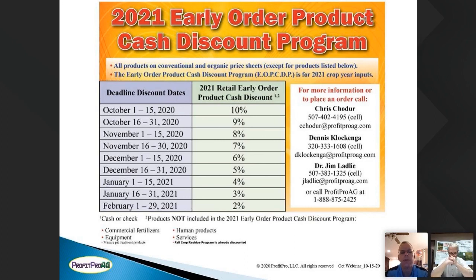And then it drops to 8% and on down from there. But that's a pretty good savings to prepay, to put some products on this year's billing and this year's expenses. So it's definitely something to consider.